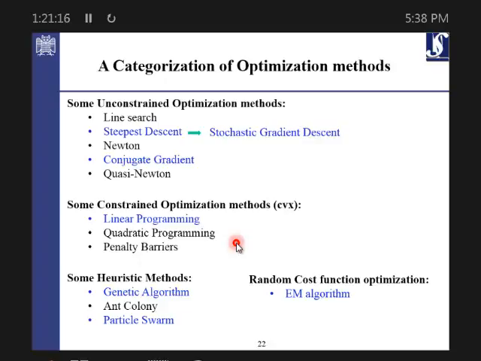In the next lecture, actually tomorrow I think, we will talk about this EM algorithm. It's actually for when the cost function is stochastic, it's random. The cost itself is random. So it's actually another version of the maximum likelihood method when you have some kind of missing data.